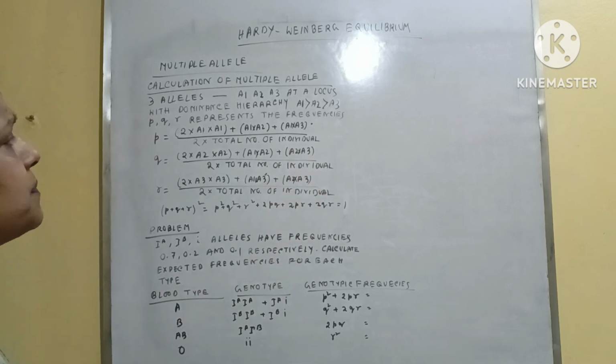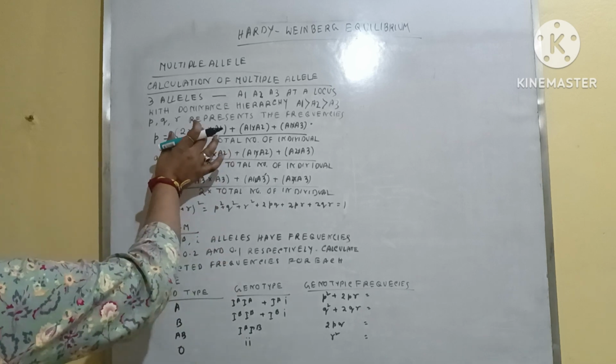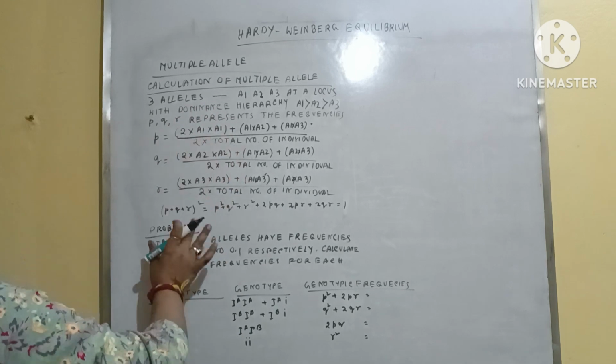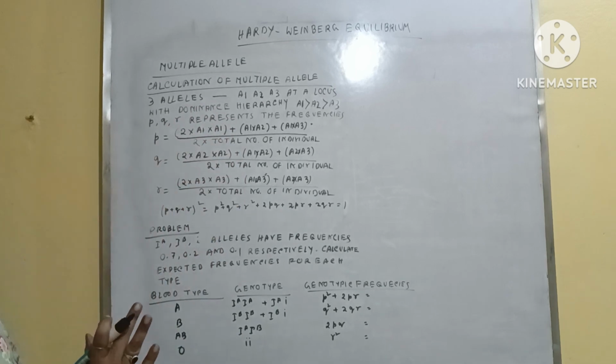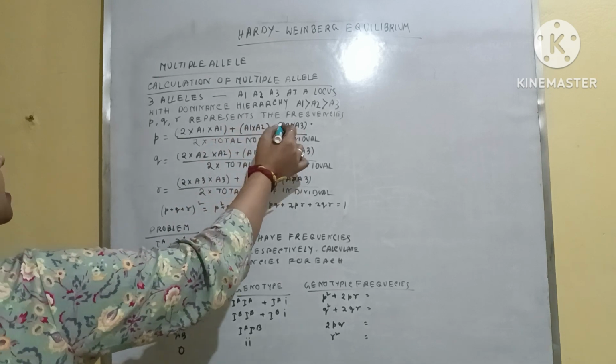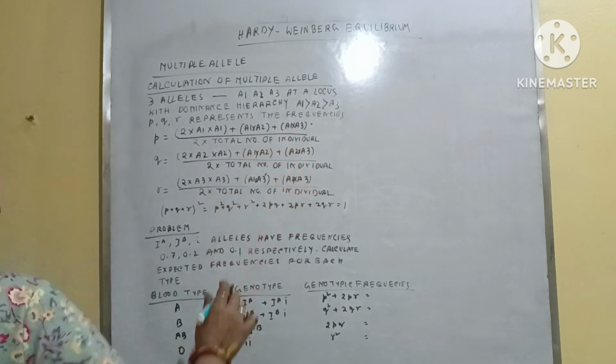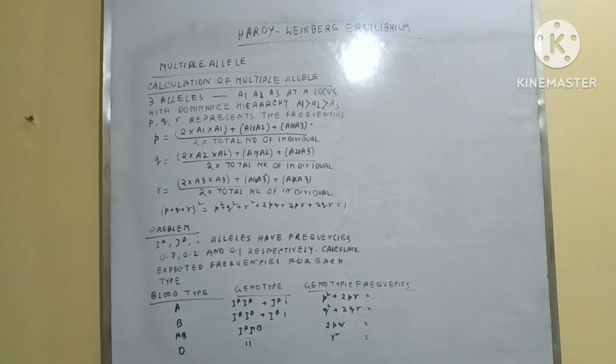So you just memorize this way, that 2 into p square, 2 into q square and 2 into r square. But these numbers must remain 2 times.